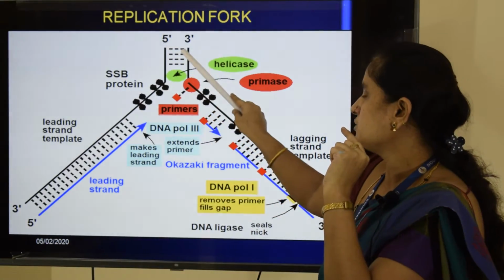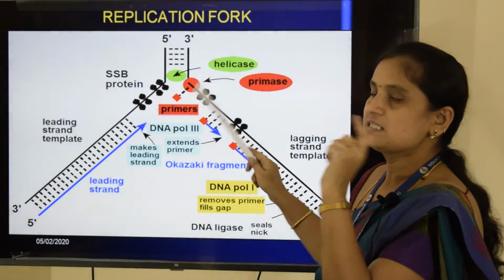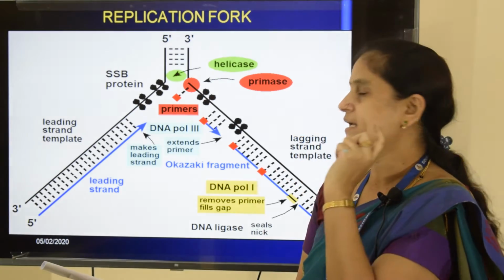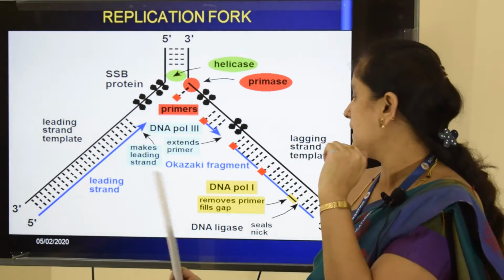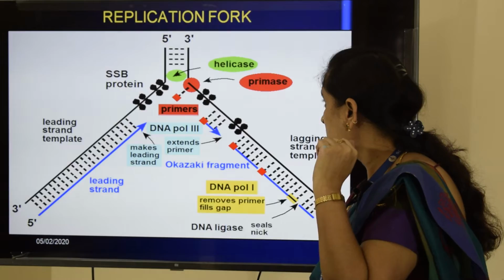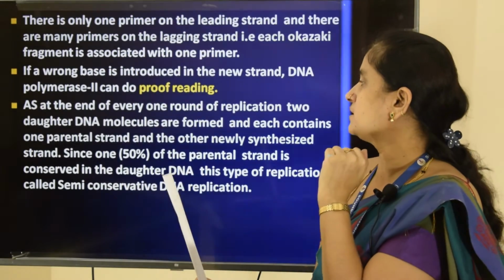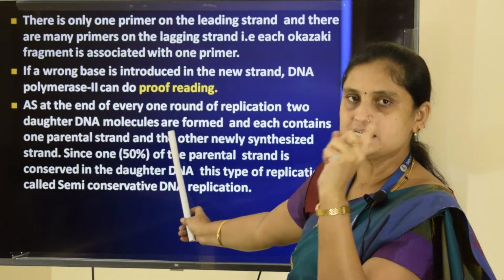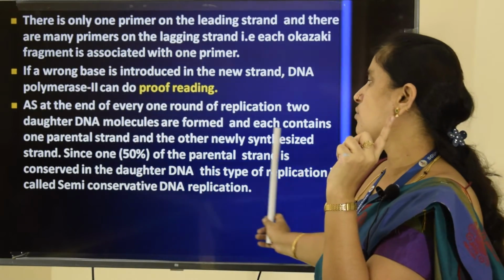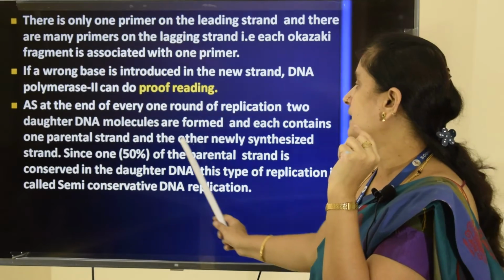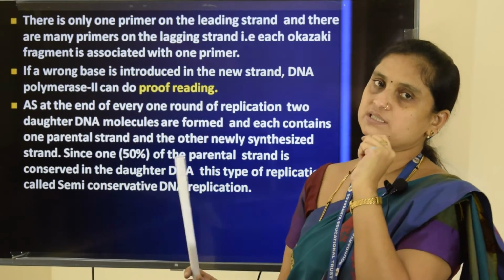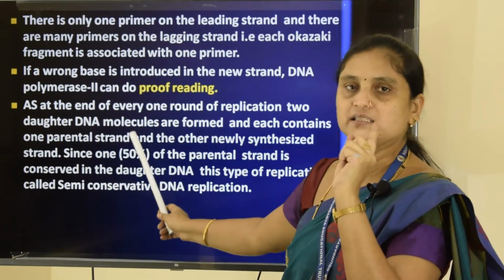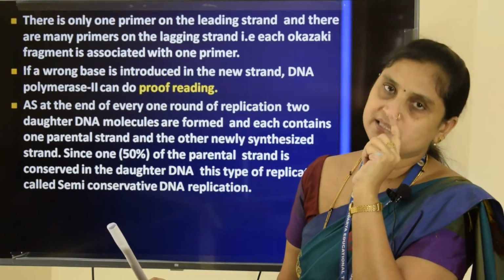Finally, you can see one more diagram which is just like what I have drawn on the board and explained already. So once again, go through these diagrams. At the end of the replication, two daughter DNA molecules are formed from the single parental DNA molecule, and in each daughter DNA molecule, one strand is the parental strand and the other strand is the newly synthesized strand.